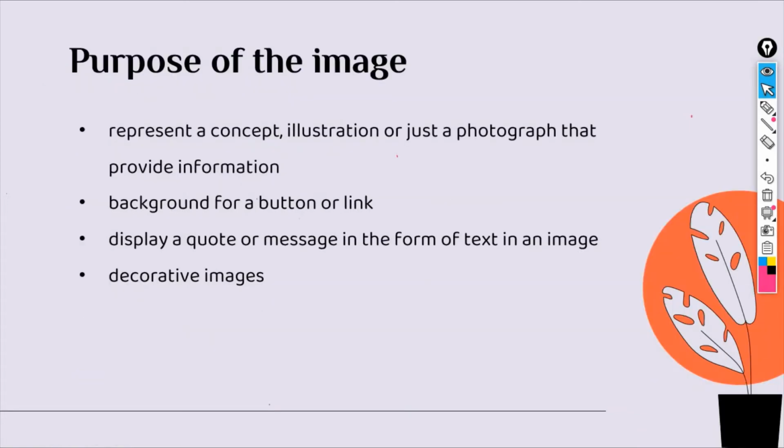As for the purpose of the image, it represents a concept, illustration, or just a photograph that provides information. Another purpose of the image is that it is used as a background for a button or link, to display a code or message in the form of text in an image, and for decorative images.